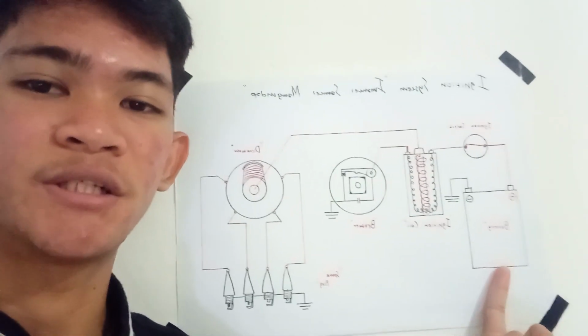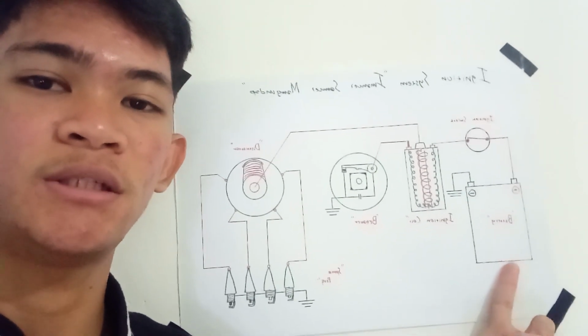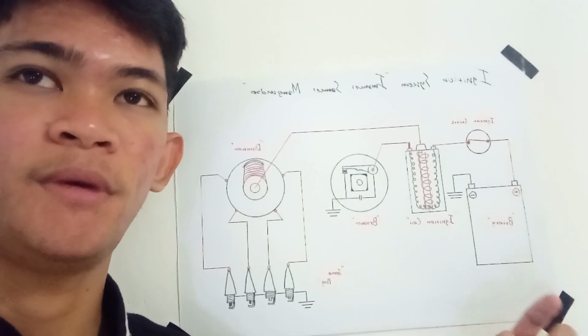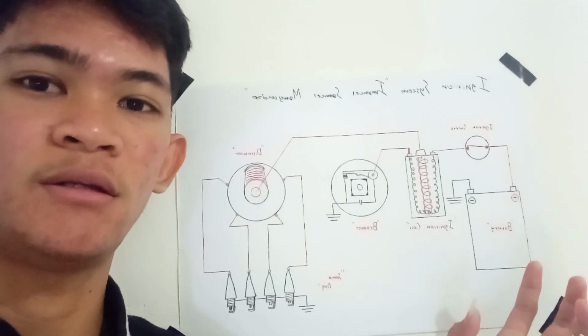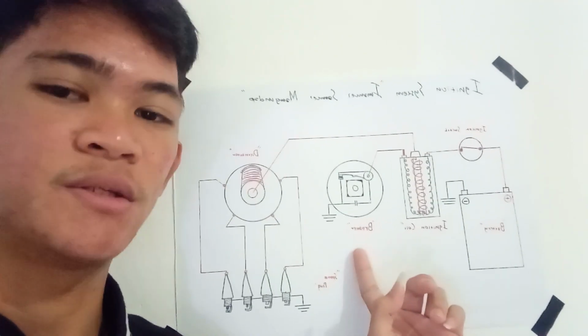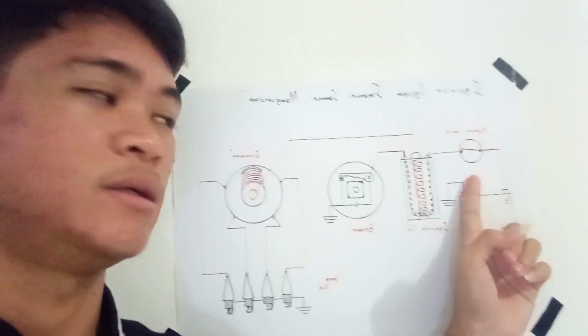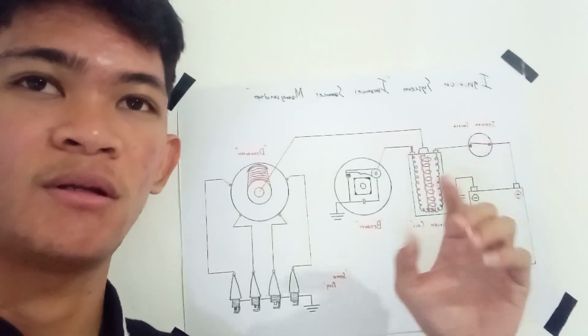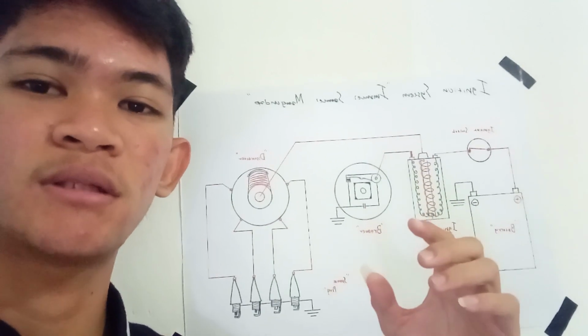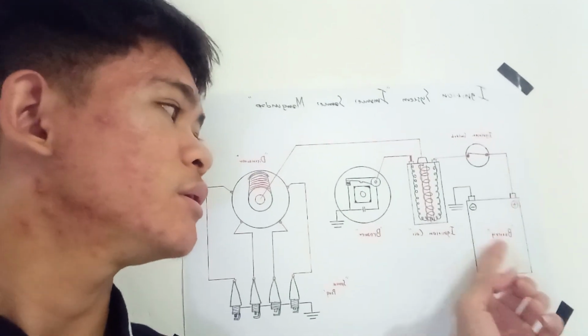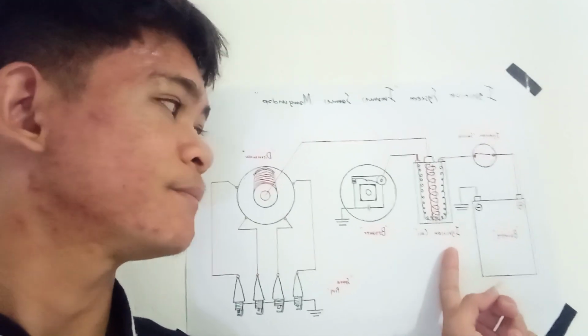This is a battery, and its function is to supply current for the ignition system. And then this is the ignition switch. Its function is to connect and disconnect the current flow from the battery to the ignition coil.